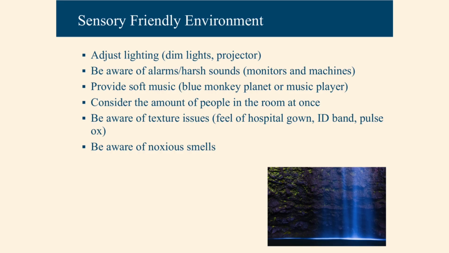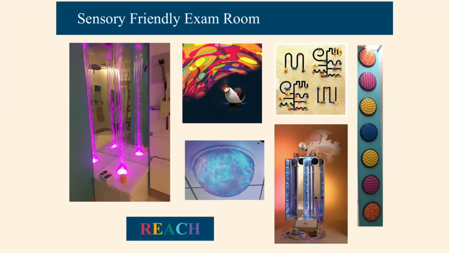You want to consider the amount of people in the room at one time. Be aware of texture issues, the feel of the hospital gown, the ID band, the pulse ox. You might need to be creative to adjust for these. And be aware of noxious smells. In certain areas of Nemours Children's Health, you might find rooms that were already created to be sensory friendly.